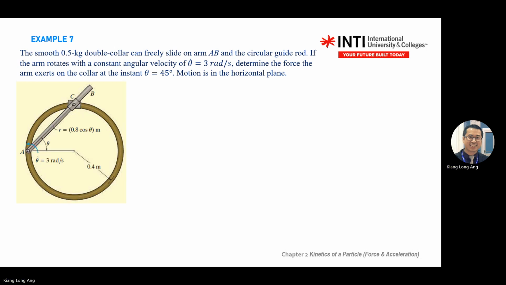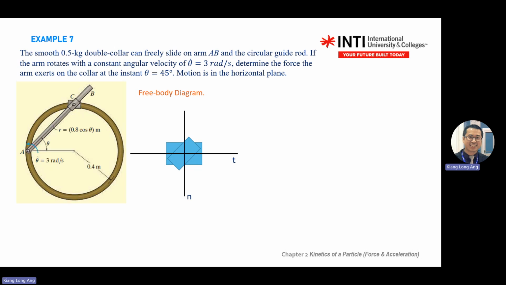Okay, don't panic. When you see this one, don't panic. First, draw the free body diagram, or you can write F equal to ma. Since this one is angular, you do it in the angular form. So you draw the collar, and this is a circular motion. You look at the motion, it's circular. So for circular, you have normal and tangent directions.